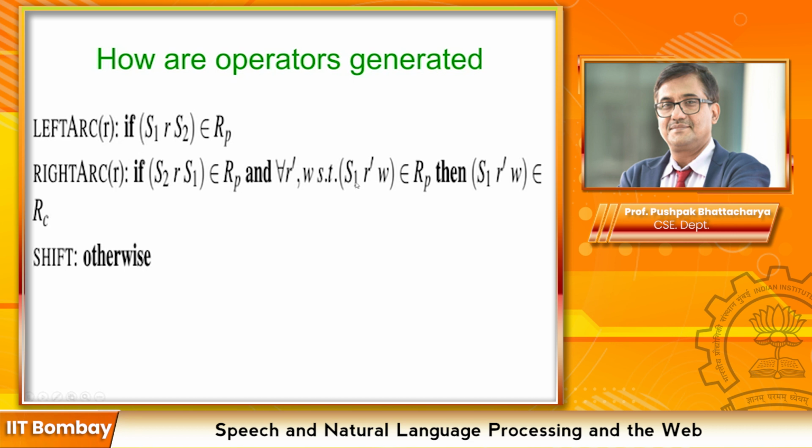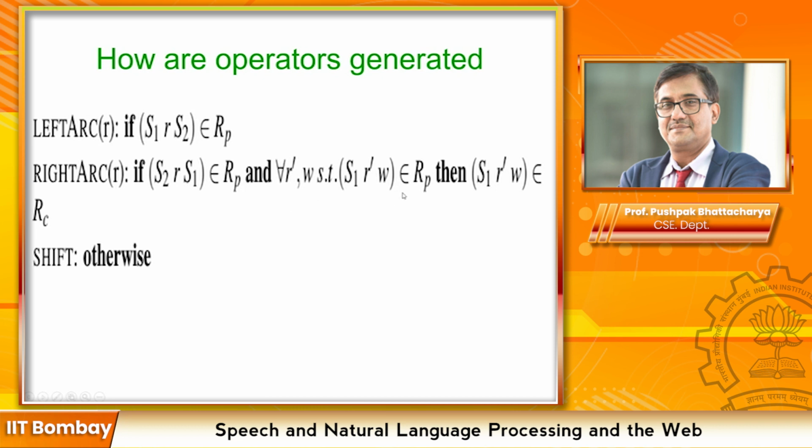In the dependency tree which is in front of me, given to me as data, then S1 R' W will be added to RC. So this rule, the contrapositive of this rule, it is an AND condition.